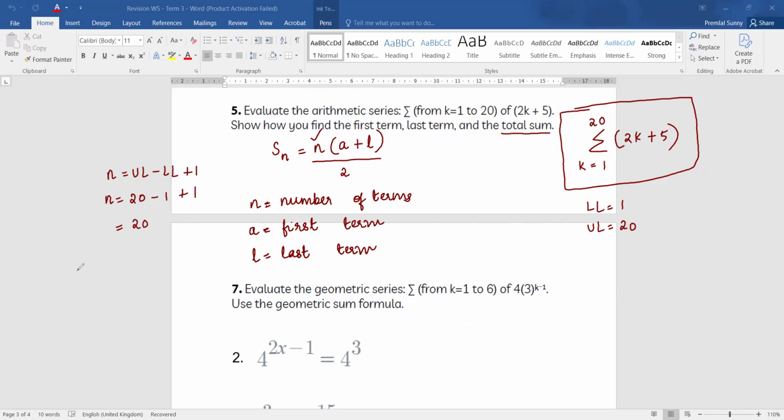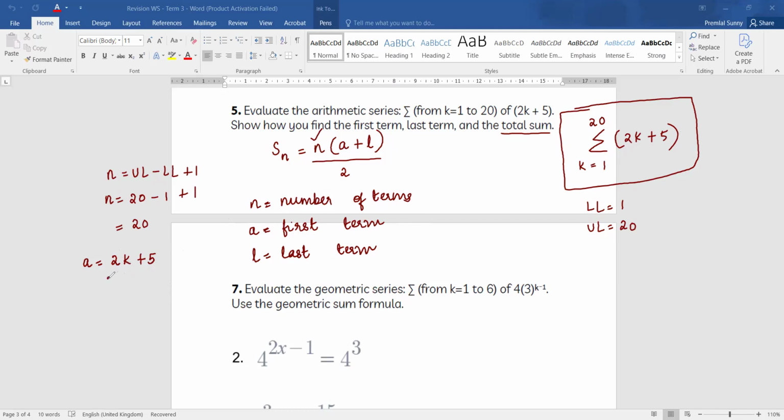Let's now find out what a is. How do we find out a? First, what is inside the bracket? Inside the bracket it is 2k plus 5. Now, to get the a, which is the first term, whatever is inside the bracket, you just write that 2k plus 5. Now, instead of the variable k, you substitute that k with the lower limit. Lower limit here is 1.